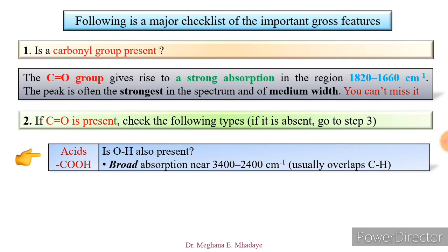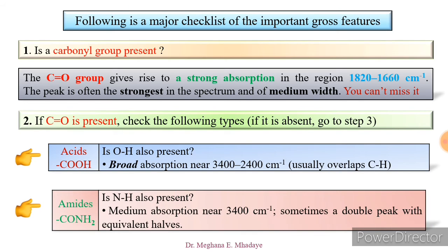First one, carboxylic acids, that is COOH functional groups. Is OH also present? Broad absorption near 3400 to 2400 cm inverse usually overlaps CH. Second, amides, that is CONH2 functional group. Is NH also present?